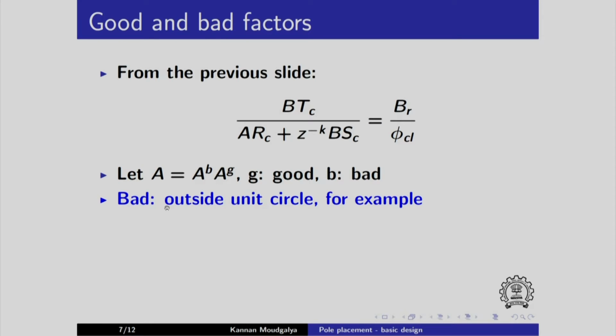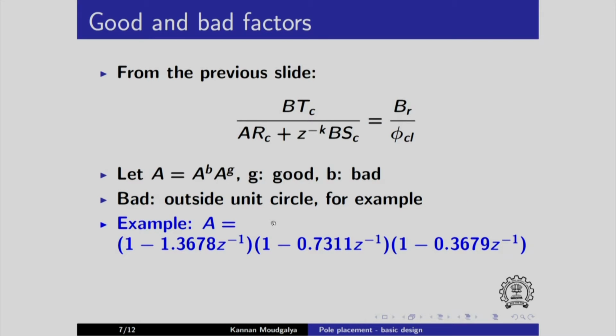We could think of it as a factor that resides outside the unit circle. For example, we will take an example. Suppose A is a polynomial with 3 factors as given here. Then the bad one is given here, the first term here.